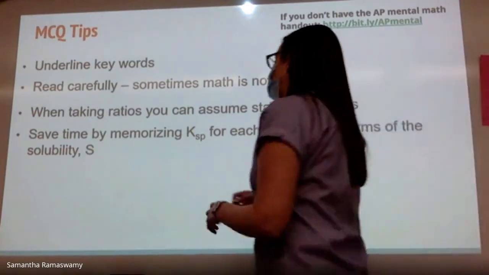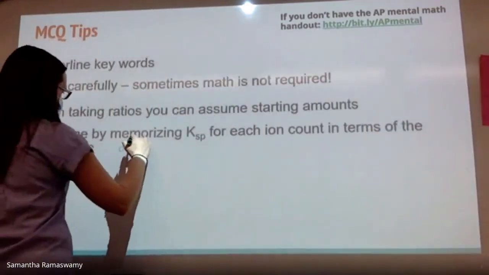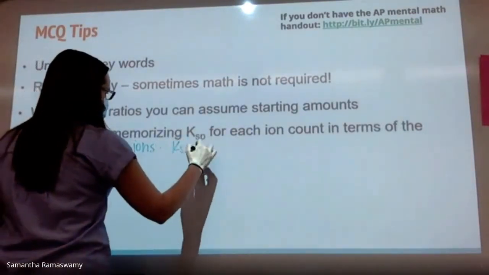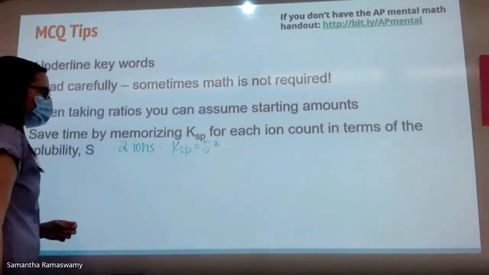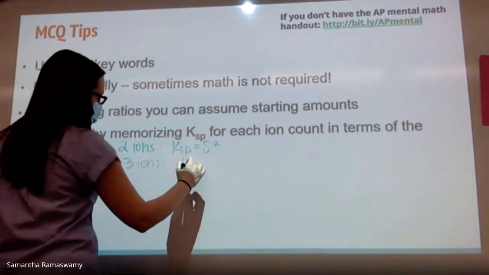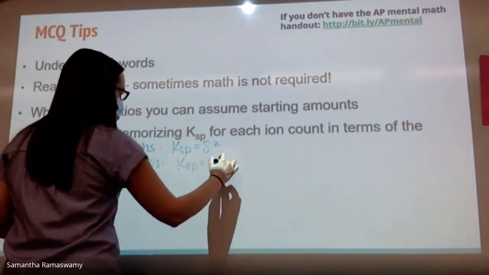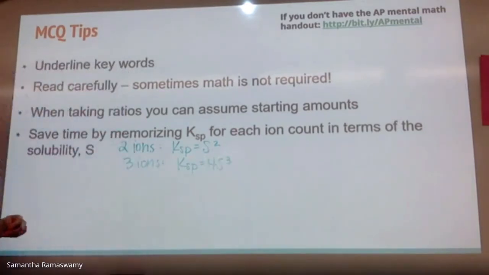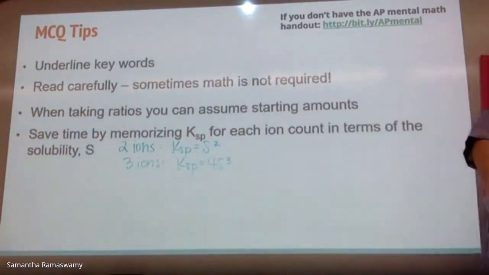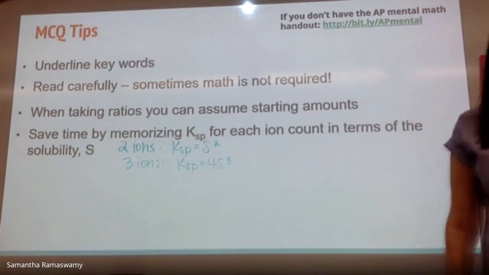What that means is if you have 2 ions in your solid, then Ksp is S squared. If you have 3 ions in your solid, Ksp is 4S cubed. So just memorize what your solubility and Ksp equations would be. You can always write your Ksp, but it's just going to save you a little bit of time.